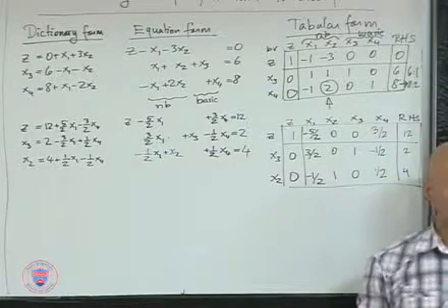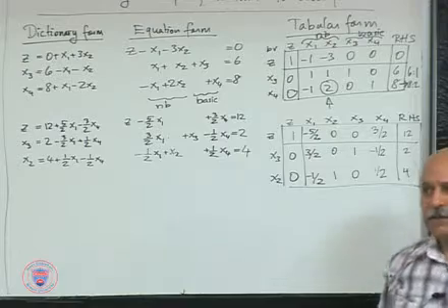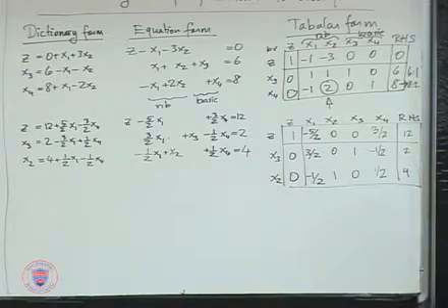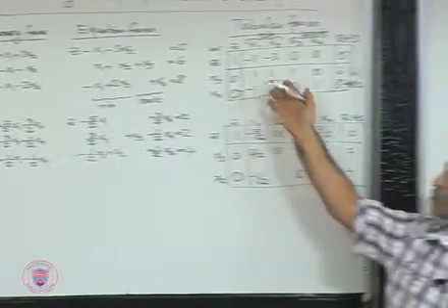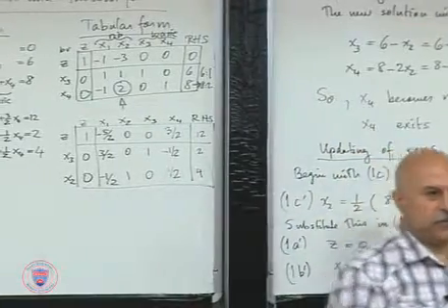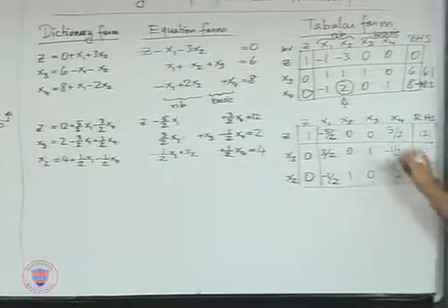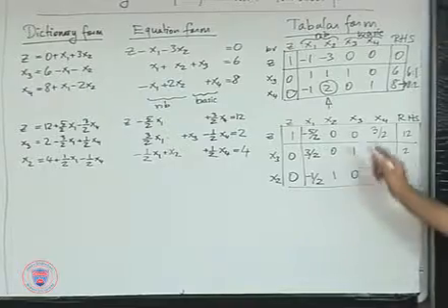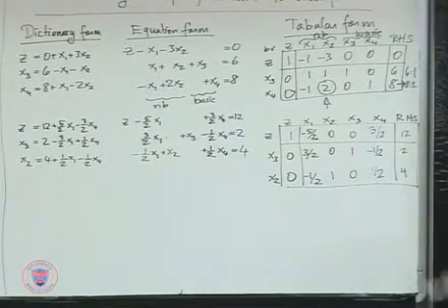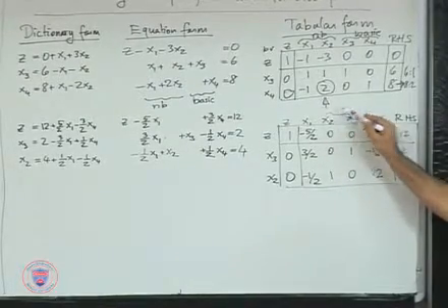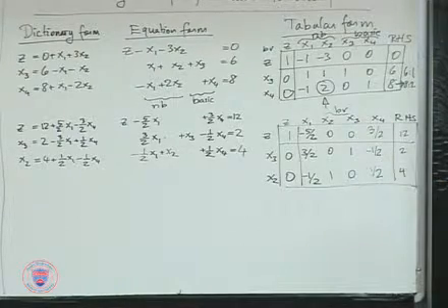The only transition is via pivoting operations, or you can also use elementary row operations to create your unit vectors in the basic columns.